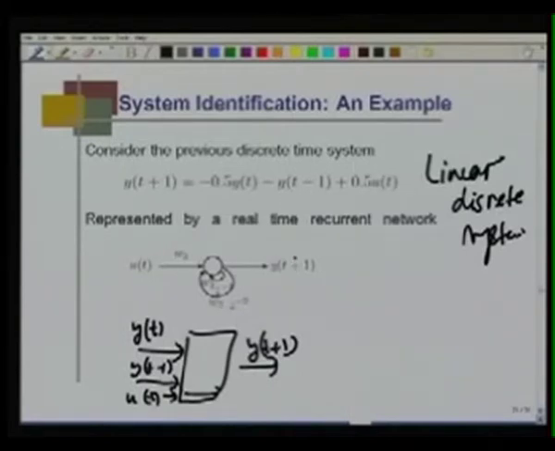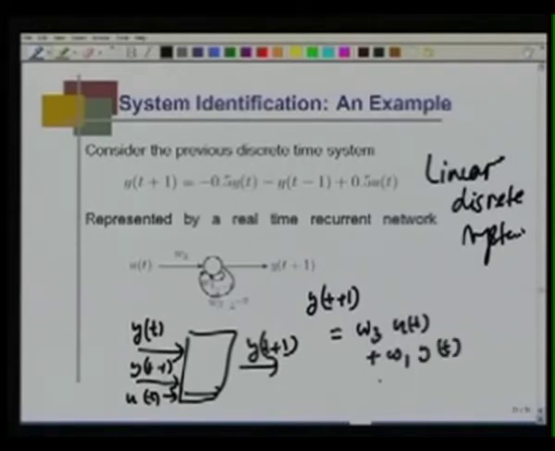If I match this, you can easily see, because this is a linear discrete system, in this case yt plus 1 is simply w3 ut plus w1 yt plus w2 yt minus 1.